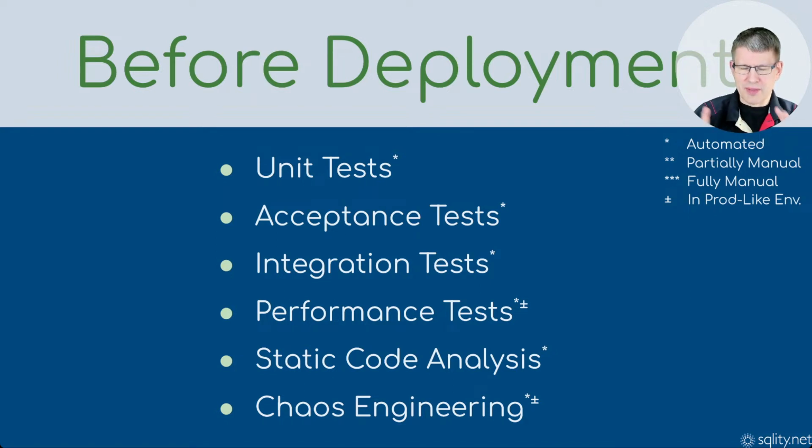If you remember the DevOps life cycle, you have your phase where you're doing the coding, then you have a CI phase, and then you have a deployment phase, the CD phase. And in the deployment phase, you might deploy to production, but before that, you deploy to other environments.